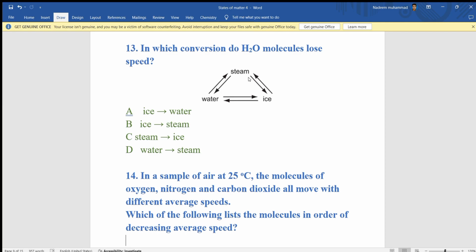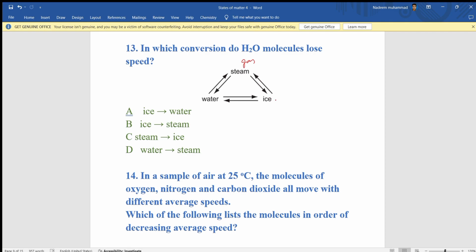When anything is in the gas state, the particles have maximum kinetic energy. So in the gas state kinetic energy is maximum, and then the particles lose their energy and arrange themselves. The particles lose kinetic energy and arrange themselves in solid form.